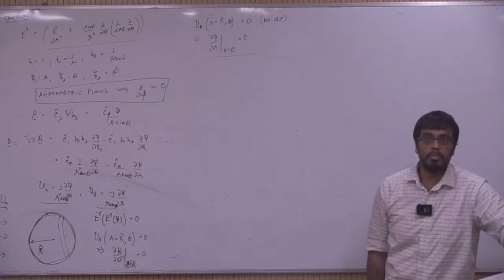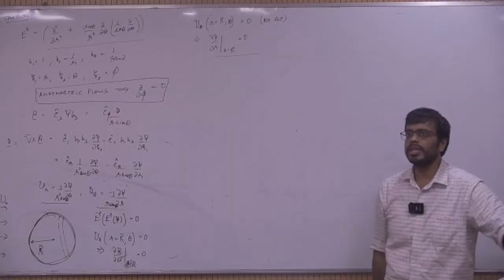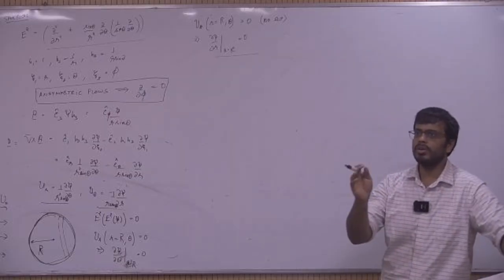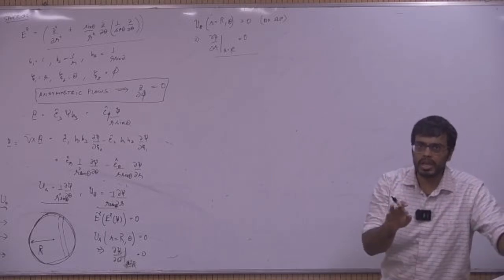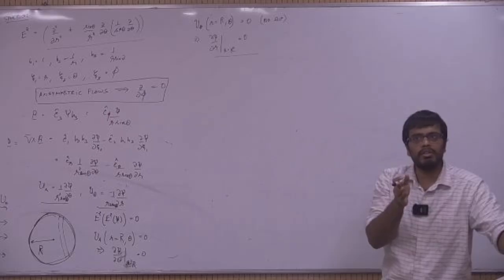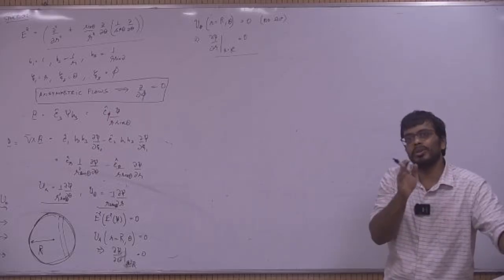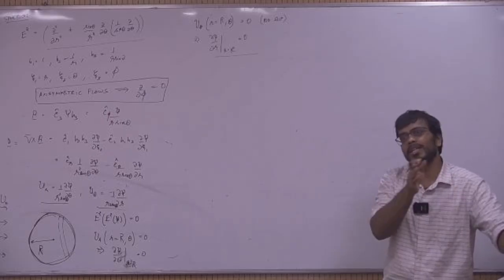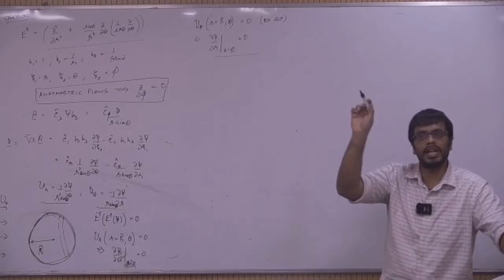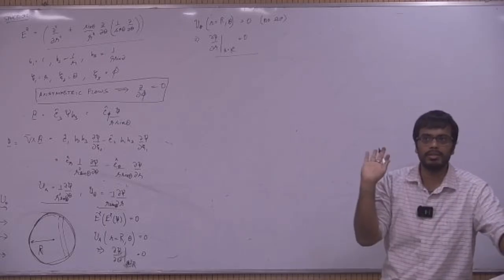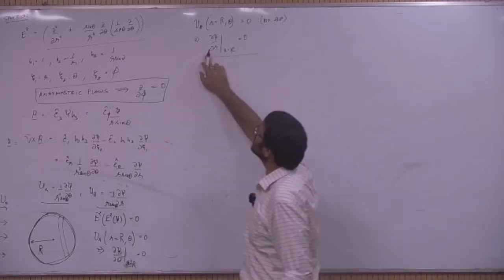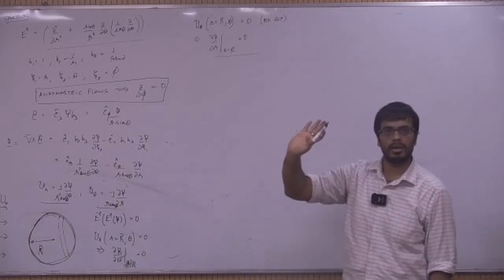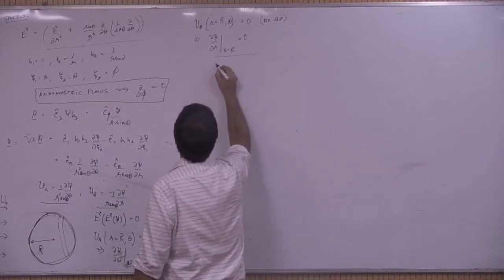But does that hold at any r value or only at small r equals capital R? You have to be very careful: if you get a derivative at a point, you cannot comment about the value of the function at that point. Just knowing the derivative of a function at a point doesn't say anything about the value of the function at that point. So the only thing you can say is that psi is f of theta at small r equals capital R.